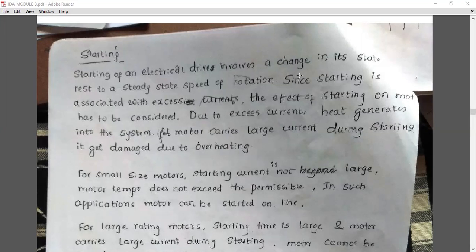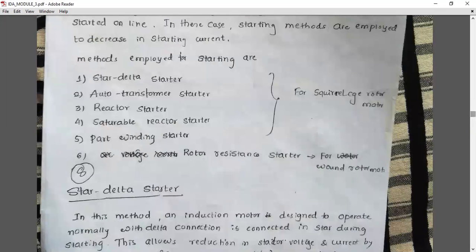For small size motors, there is not much effect, but for large motors we need to take care. We have six methods as per our syllabus: star delta starter, auto transformer starter, reactor, saturable reactor starter, and part winding starter.